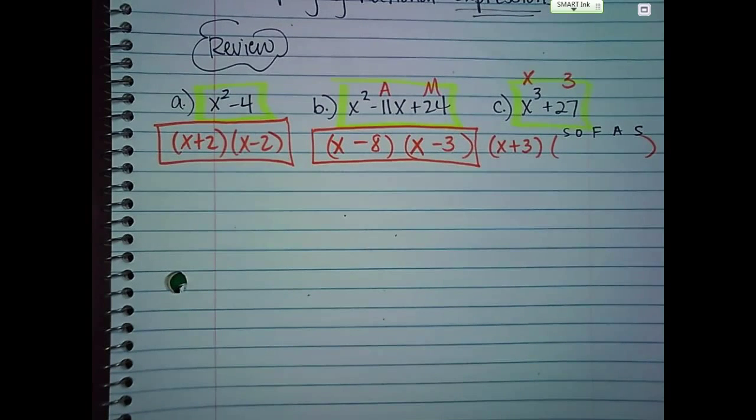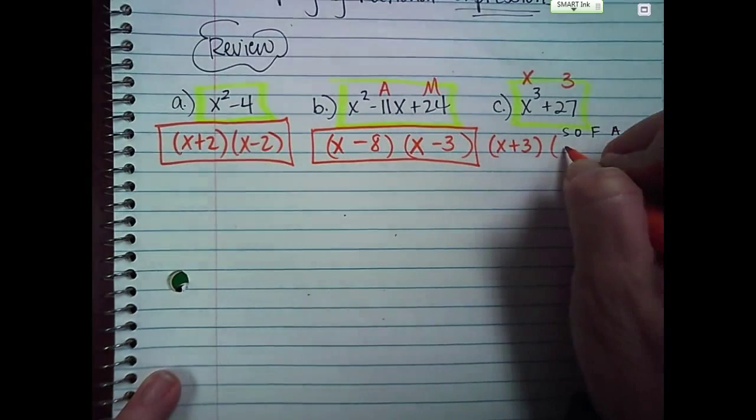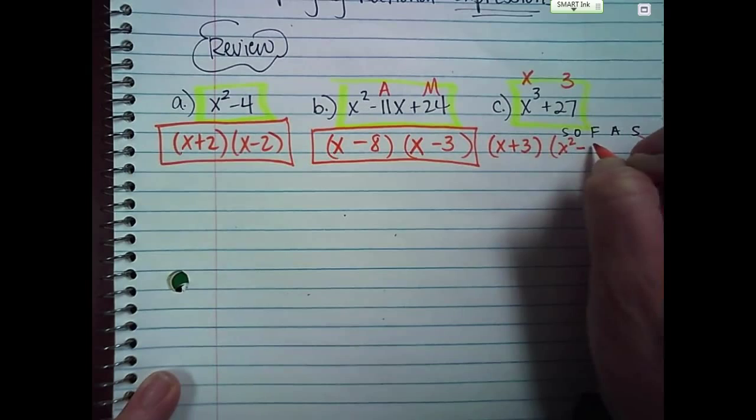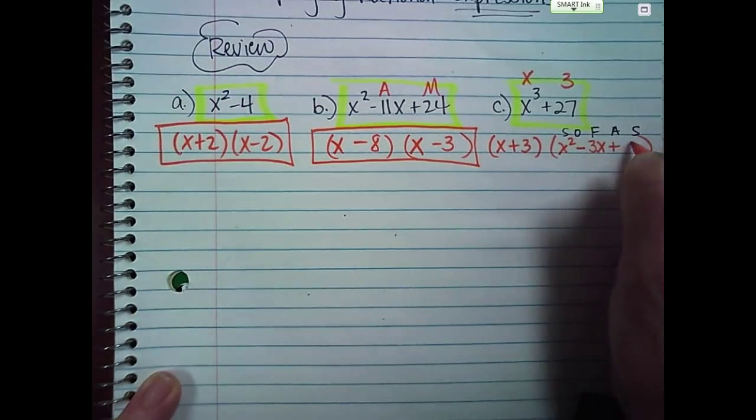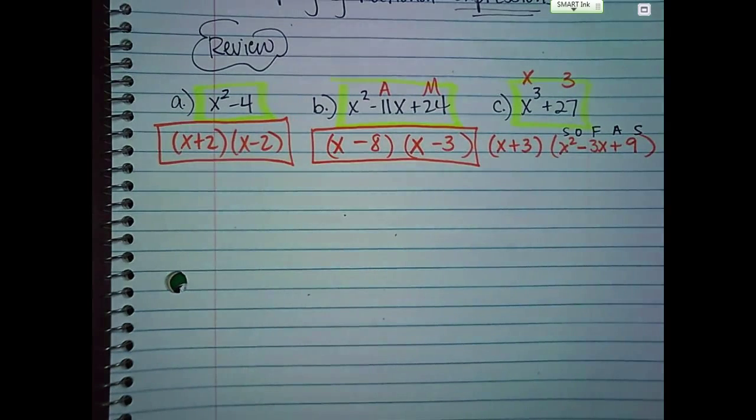Square, opposite, factors, add, sum, square. You get x squared minus, factors come from the 3 and the x, 3x, plus 9. Is that what you got? Okay. So we're pretty good.